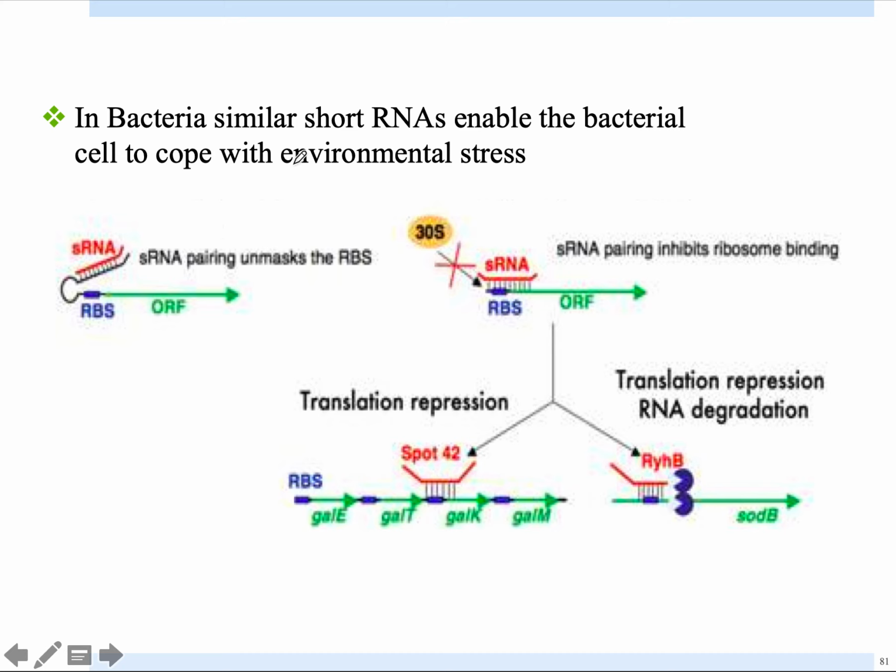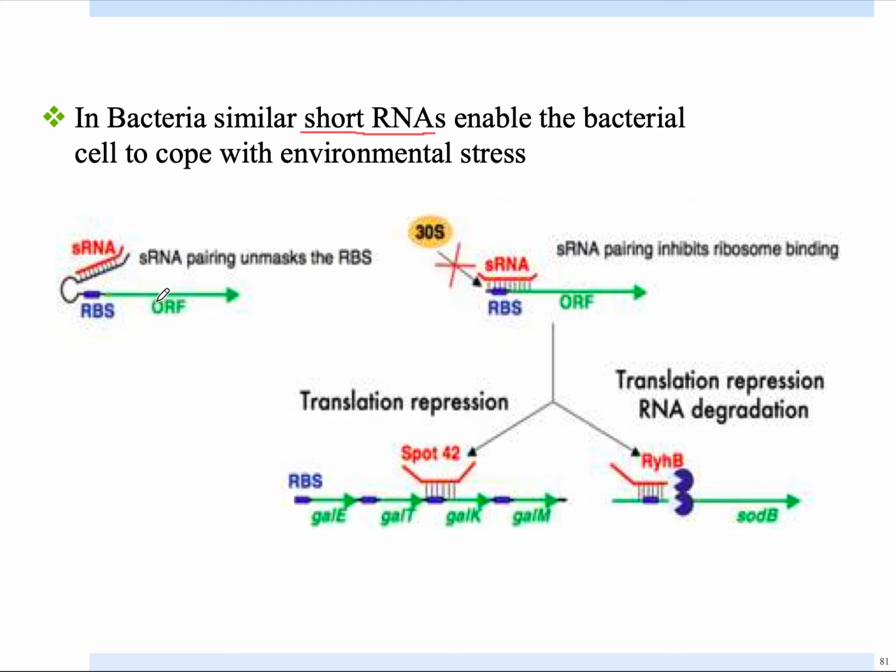For bacteria, this also happens, very similarly, but instead of microRNA, you have what we call small RNAs. The small RNAs help the bacteria to cope with very difficult situations. So you have a messenger RNA which the cell doesn't want to translate into proteins.